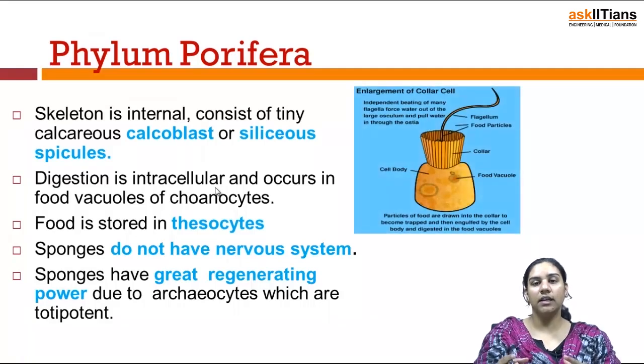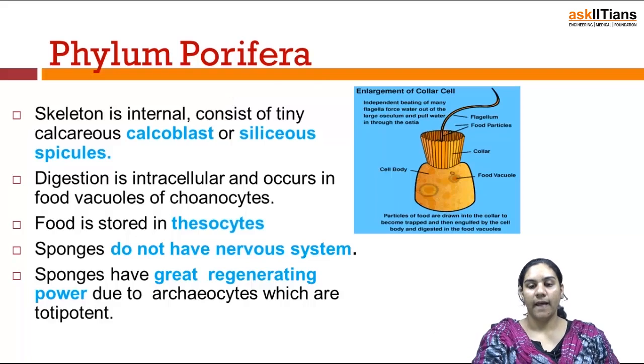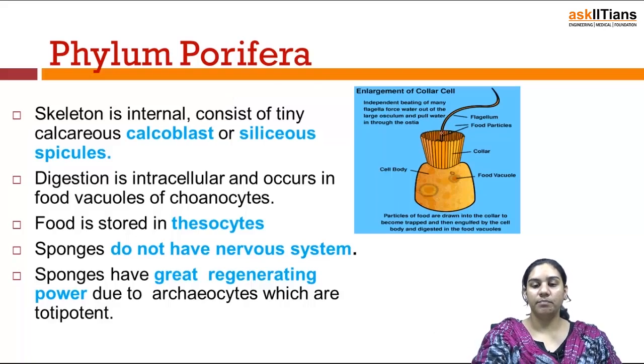So this is an enlarged view of collar cells. The beating movement of the flagellum helps to force water out of the large osculum and pull water in through the ostia.